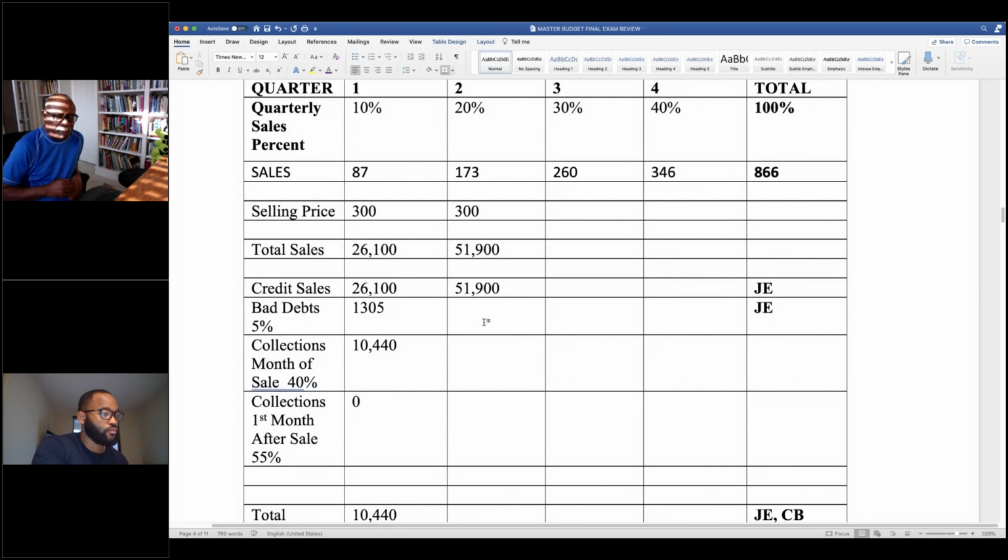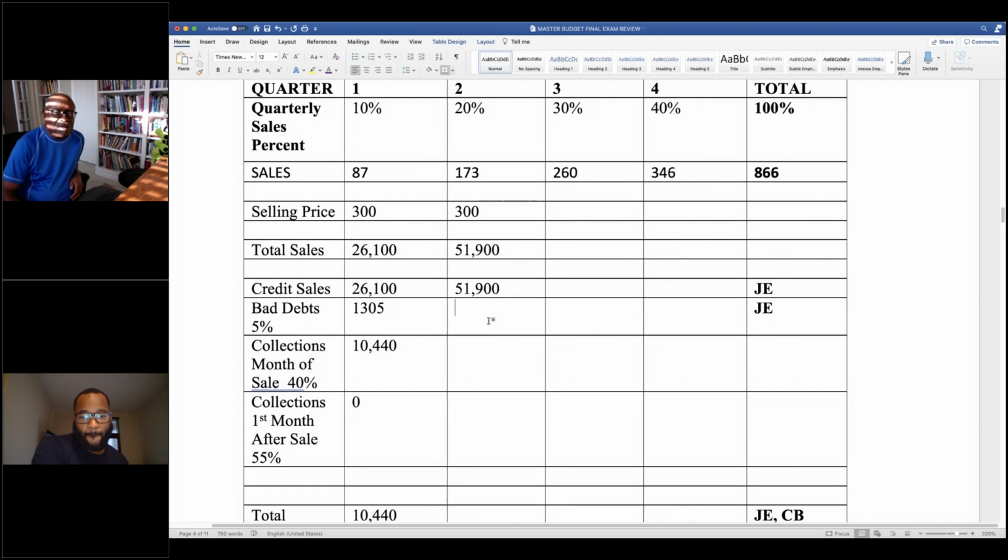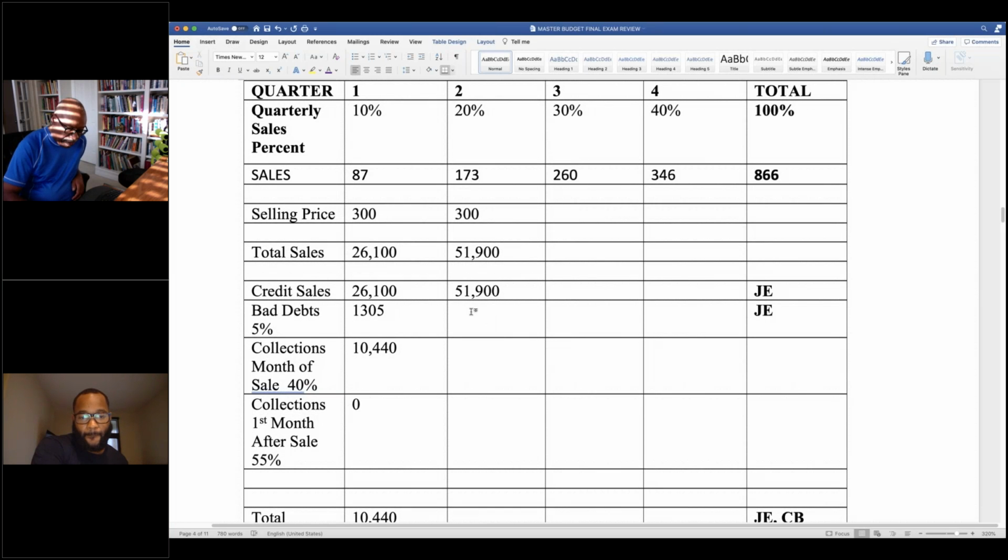What's the bad debt going to be? I get 2,595, 5% of 51,900. Yeah, we apply the 5%. What's 40% of the collections going to be? 20,760.